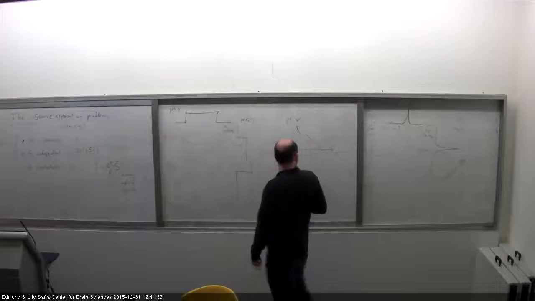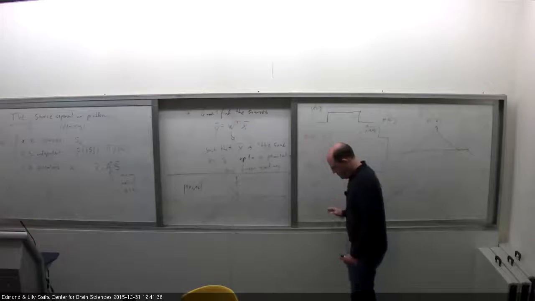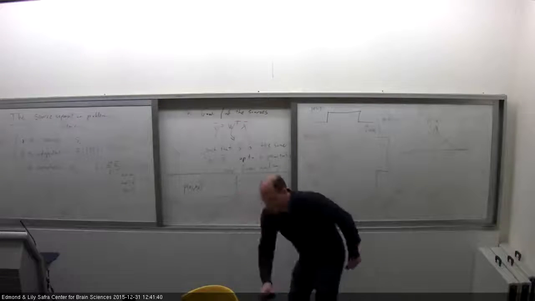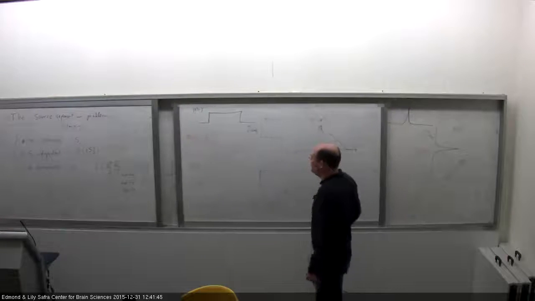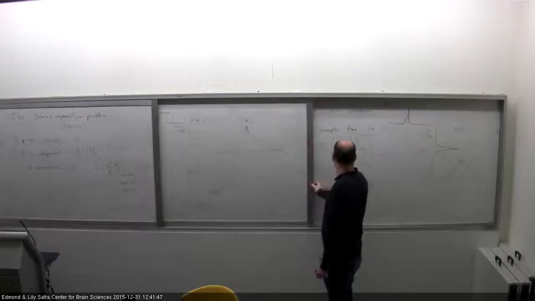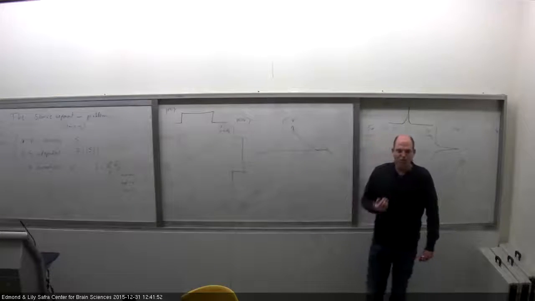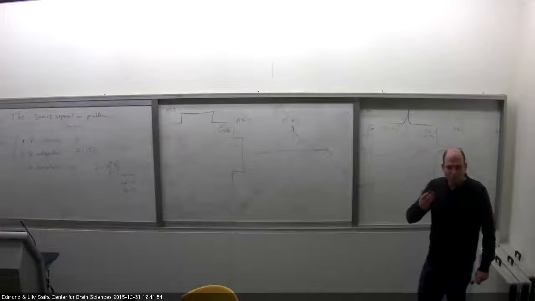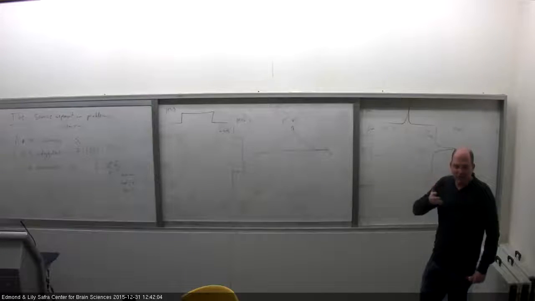It's for a very practical reason, because our approach to the source separation problem, or one approach, will be to look for a linear transformation of our observations such that after this, the outputs would be as least Gaussian as possible.